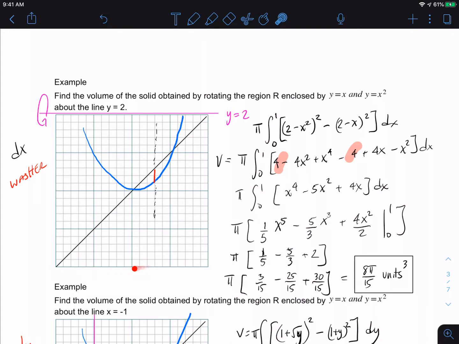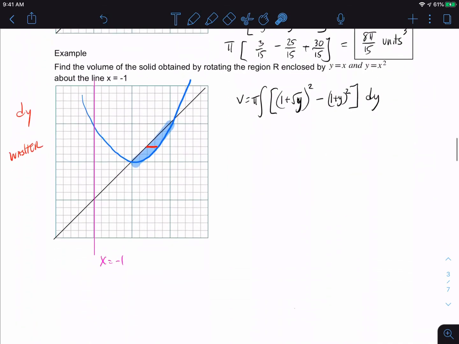So here, if this was the axis of rotation, the outer function now is this one, right? The y equals x. In this one, the outer was the blue. So it swaps which function is on the outside and which is on the inside. So in this one, the outer function is blue, but if I had rotated over here, the outer function would have been the black y equals x function. Does that make sense?